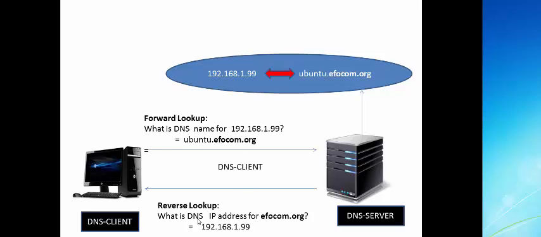Well, look, what is the DNS name for this IP address? I have to change it to 100, and this is all. That's the answer you're gonna get. That's the way it works out. The forward goes from the name to the IP, and the reverse goes from the IP to the name. So do some research on it on your own time, guys.